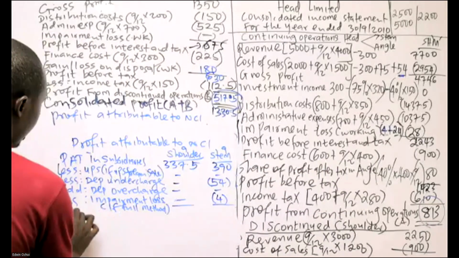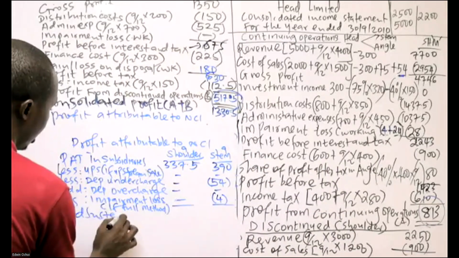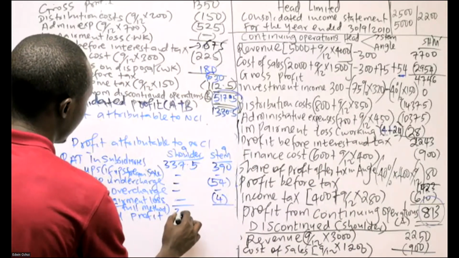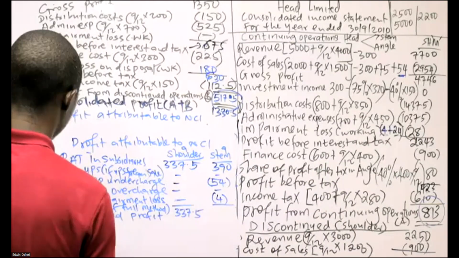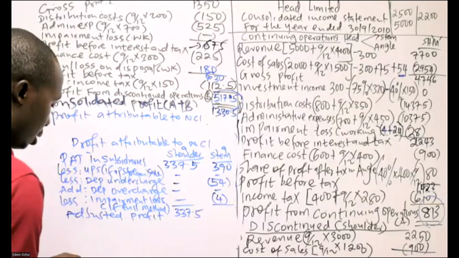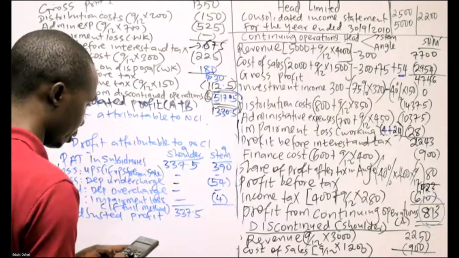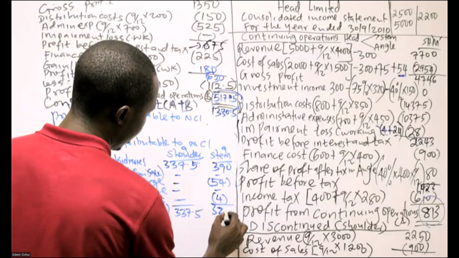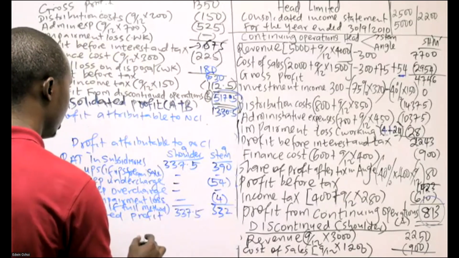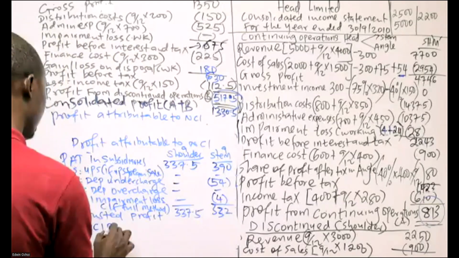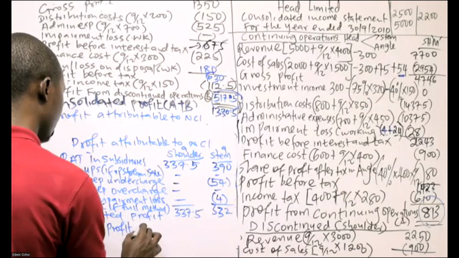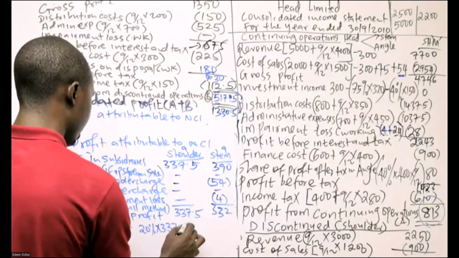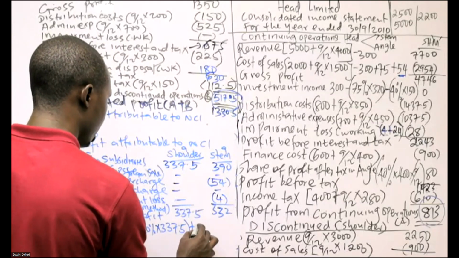So up to this point, I can get the adjusted profit. So this is just 337.5. 390 minus 54 minus 4 is 332. So NCI profit will be 20% of 337.5 plus 25%.